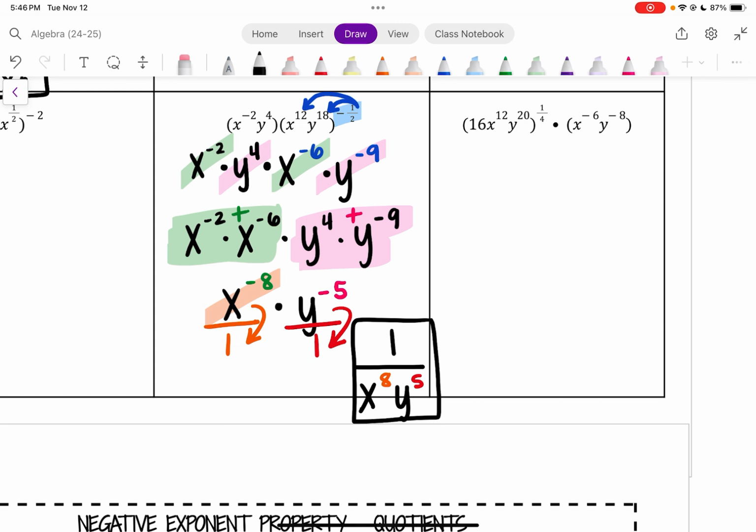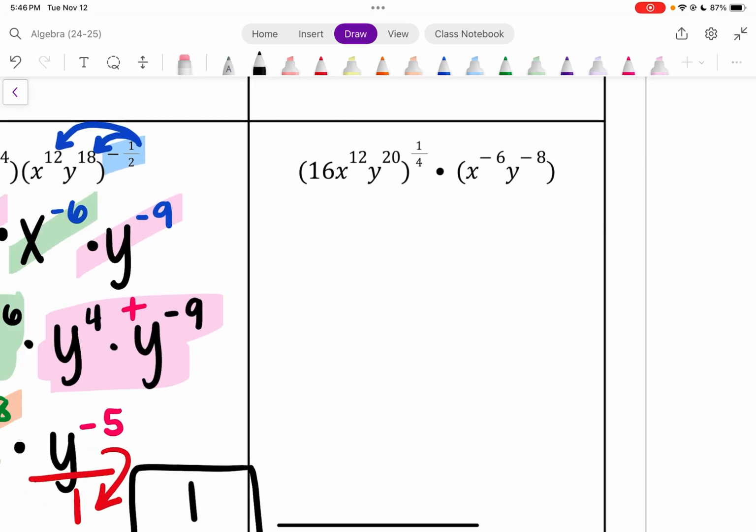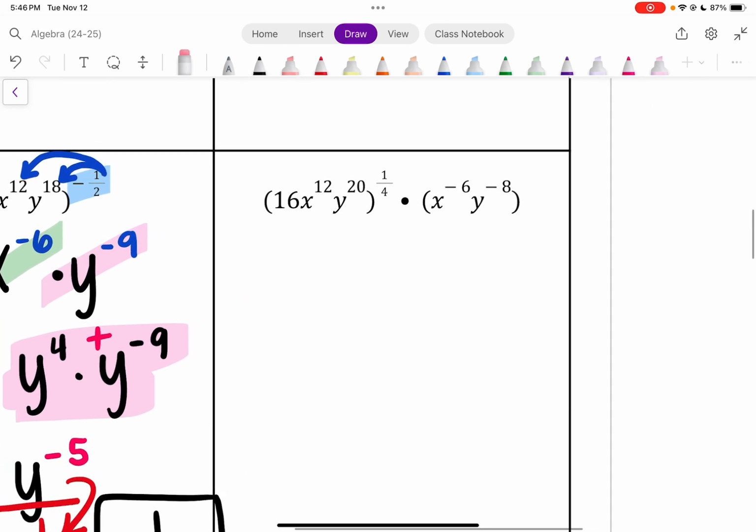All right, we've got one more example in this section before we move on to another property when we're talking about division. Okay? So again, I notice in the first half, I have this exponent to an exponent. So we are going to get rid of that first. I'm going to take my -1/4 and distribute that to everything. That 16 has an exponent of 1 on it, because if we spread it out, that's 16 times x to the 12th.